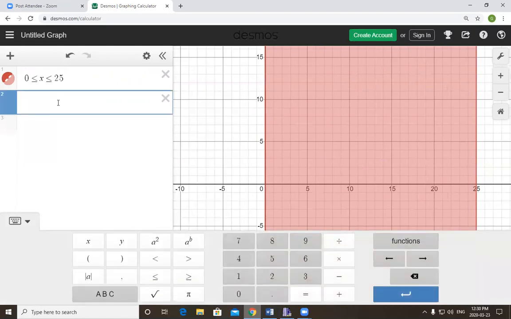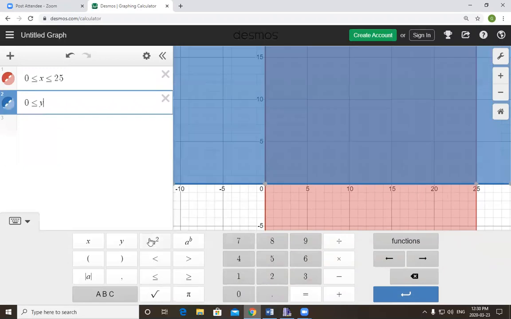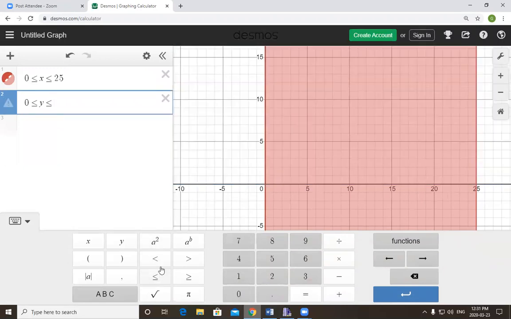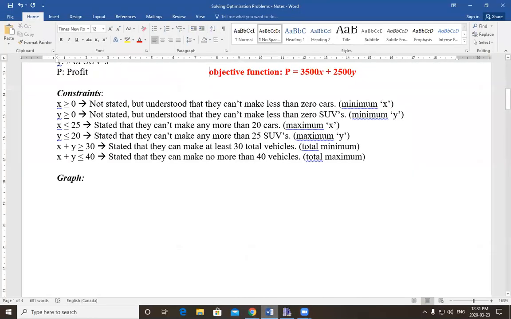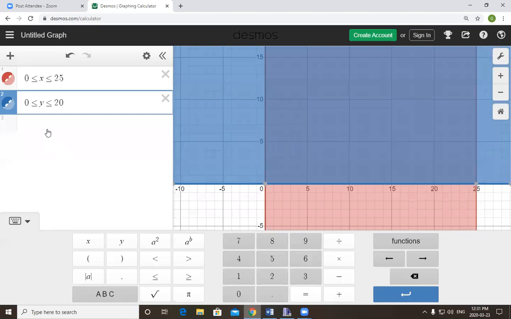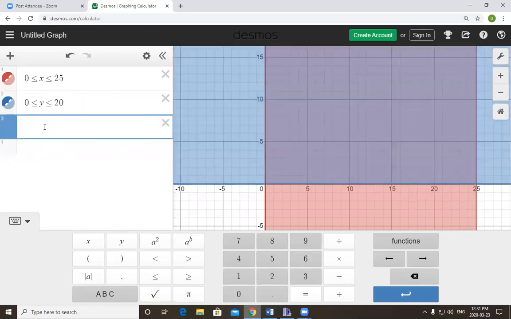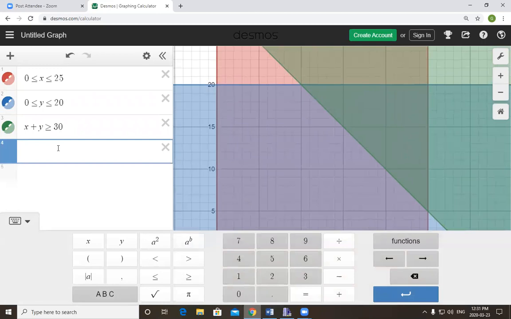Likewise, we can do the same thing for the SUVs. So 0 must be less than or equal to Y, and Y must be less than or equal to 20, if I remember correctly. Yes, 20. So now we have X plus Y must be greater than or equal to 30, and X plus Y must be less than or equal to 40.